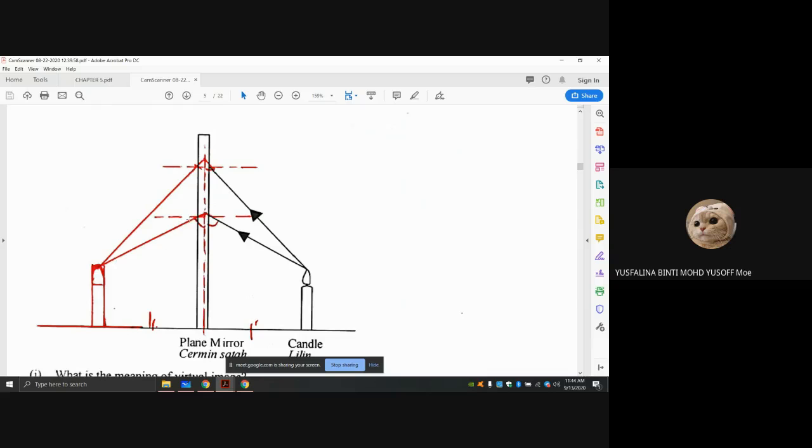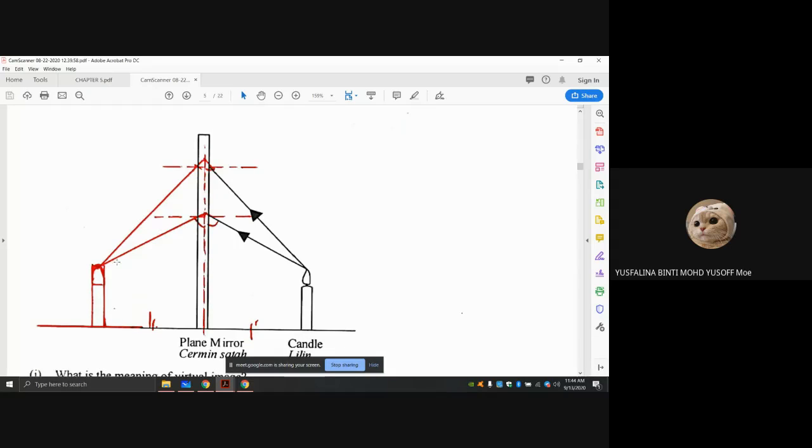Because of the law of reflection, the angle of incidence i must be equal to the angle of reflection r. So from here, the angle here should be the same. You just estimate the angle and make sure it's the same as this one.